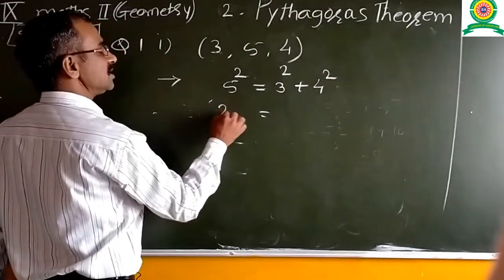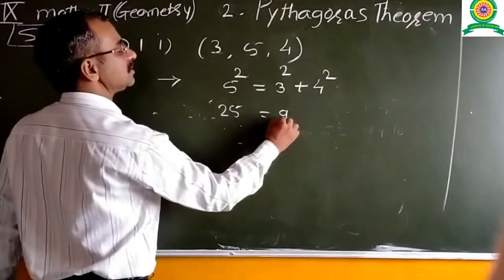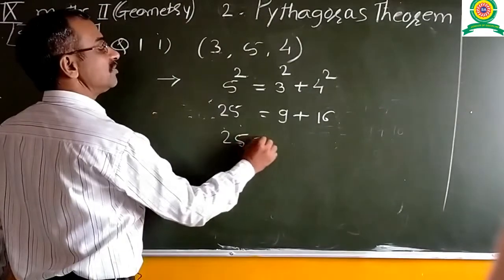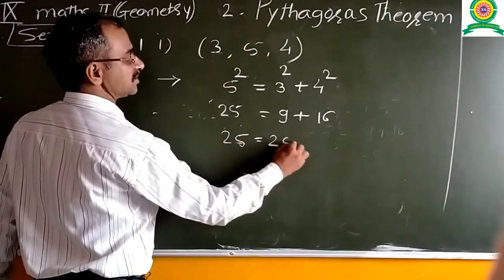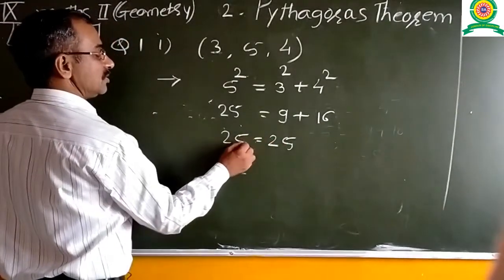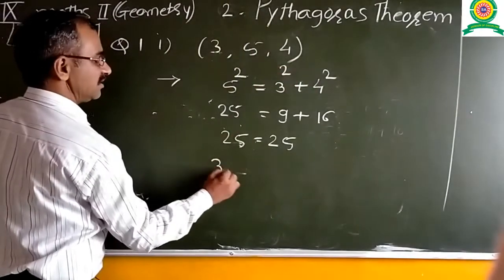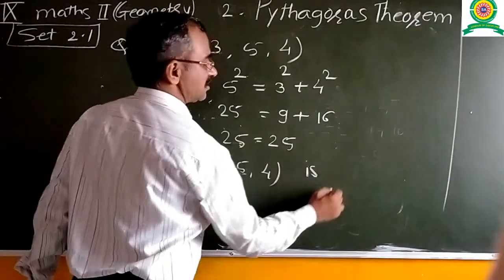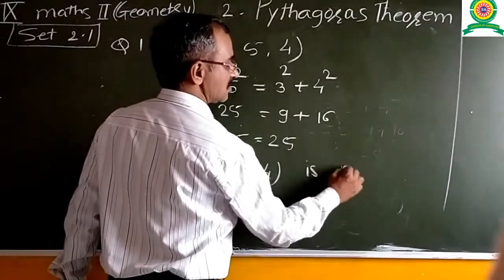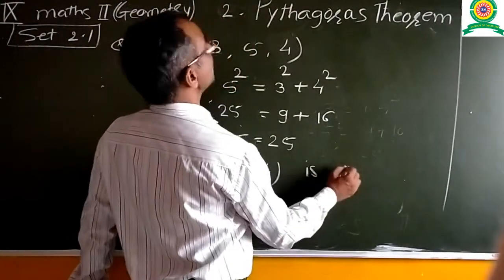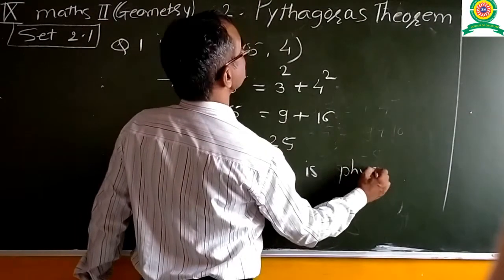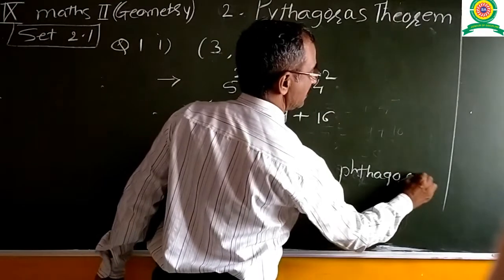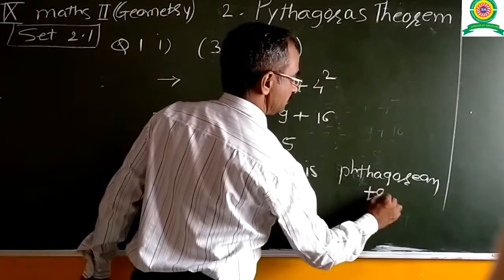So 5 square is 25, 3 square is 9 and 4 square is 16. The addition of 9 and 16 is 25. So these three numbers 3, 5 and 4 are a Pythagorean triplet.